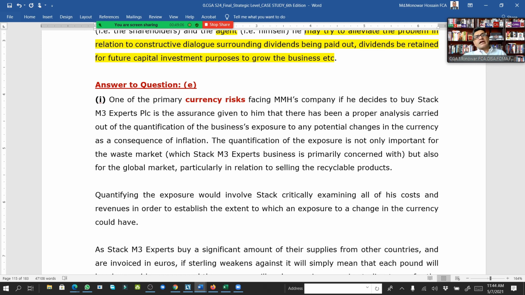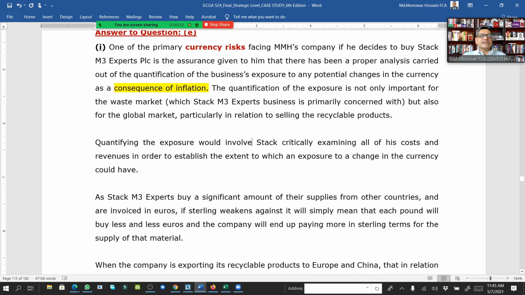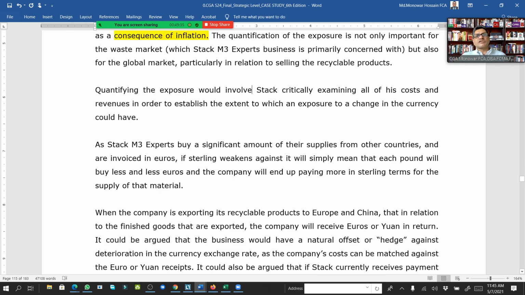So one of the primary currency risks facing MMA's company, having decided to buy a stake in M3 Expert, assuming that a proper analysis has been carried out, is the quantification of the business exposure to any potential change in the currency as a consequence of inflation, and quantifying the exposure against the cost of revenue in order to establish the exposure the currency could have.